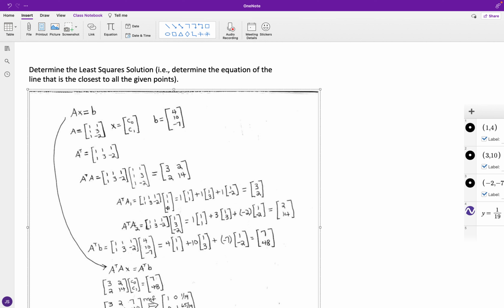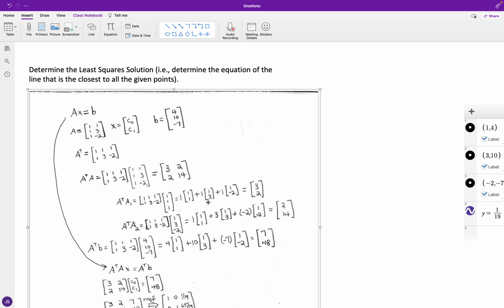Just going back to the early days of multiplying matrices, for the breakdown, you have the transpose of A times the first column of A, so the transpose of A times 1, 1, 1. We have 1 times the first column from the transpose, plus 1 times the second column from the transpose, plus 1 times the last column from the transpose.